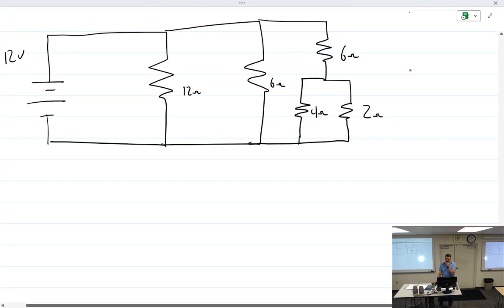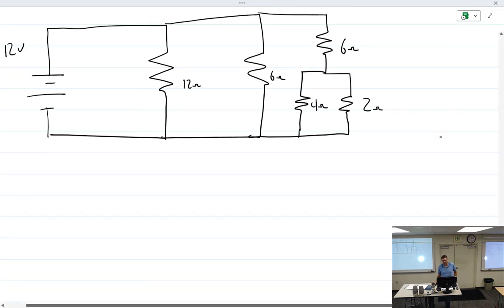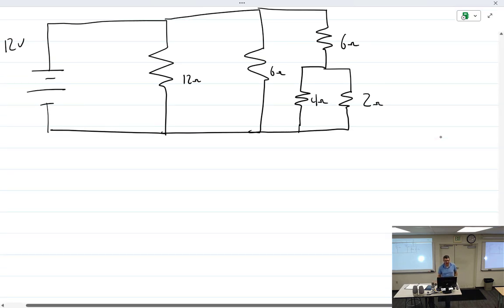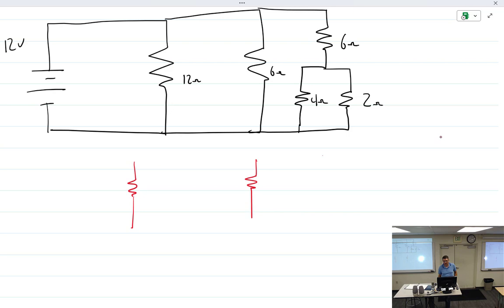All right, so I have to redraw this. What is it going to look like? Series circuit or a parallel circuit? It's going to be a parallel circuit still, even when you redraw it. But I can't do it in one step anymore. So I got that one, got this one, and now I've got this one plus this one.